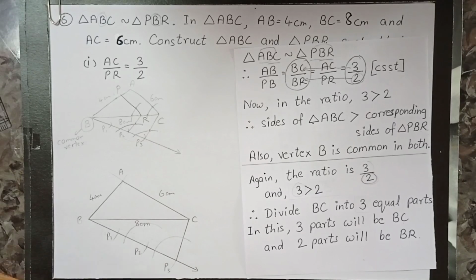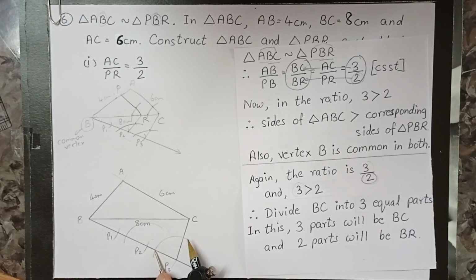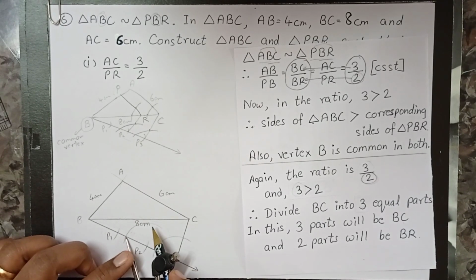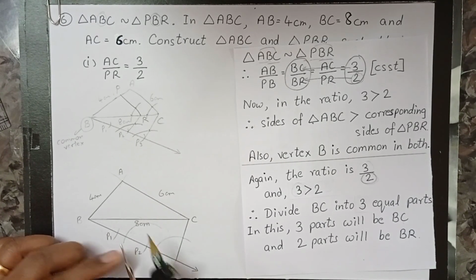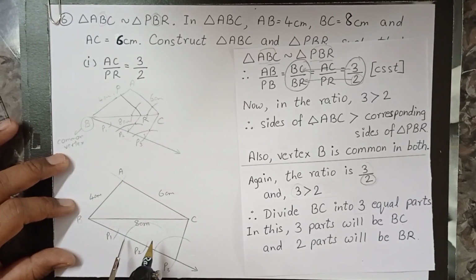Now you have to see how much this angle has opened. That means from here you have to check how much this angle has opened. So this is how much the angle has opened, right? So using the same compass, same measurement, from this point also you have to make a cut.